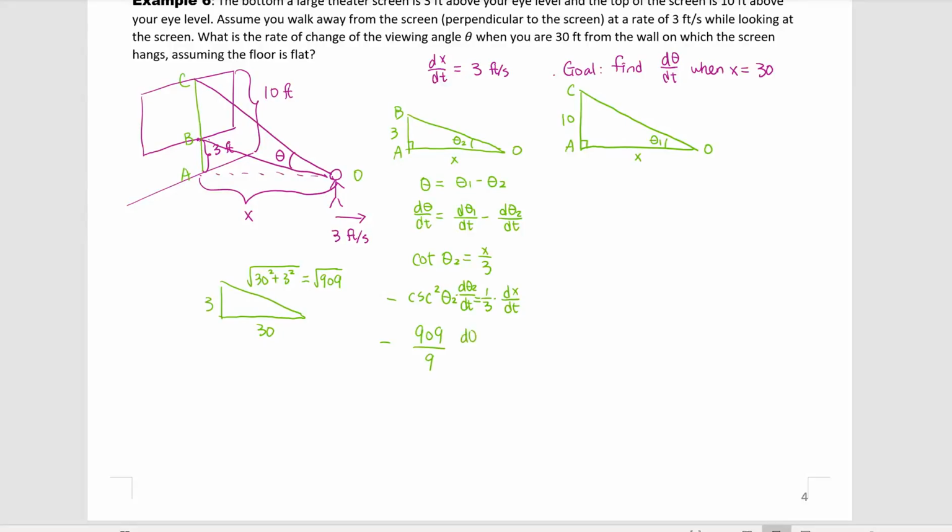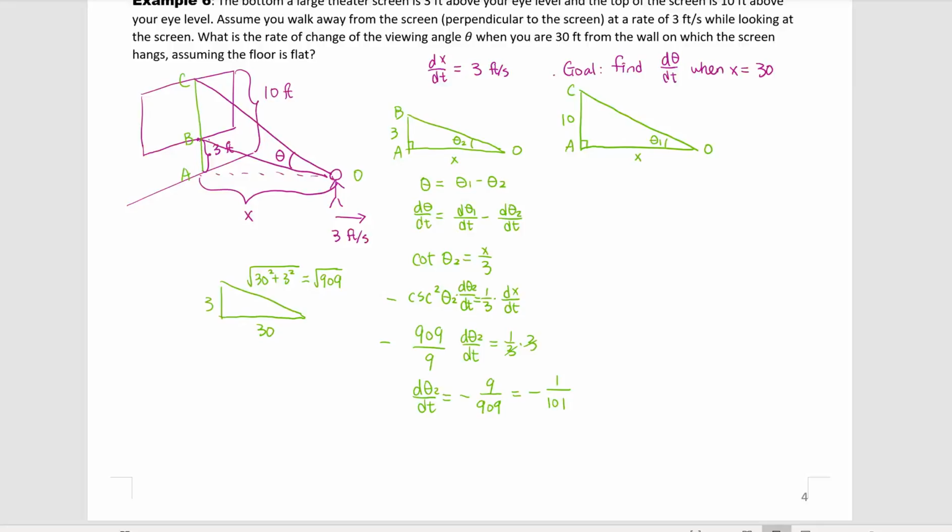And then we have 1/3 times dx dt, which is 3. So the 3 cancels, and we have negative 9 over 909. We can cancel the 9, and we get negative 1 over 101. Okay, that is d theta 2 dt.